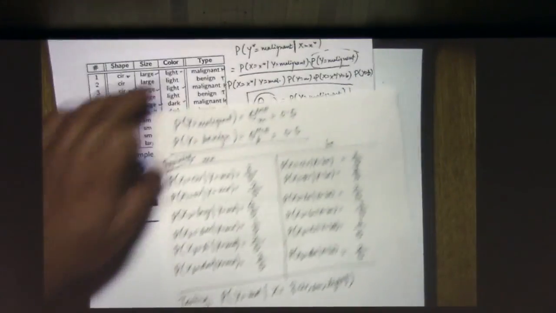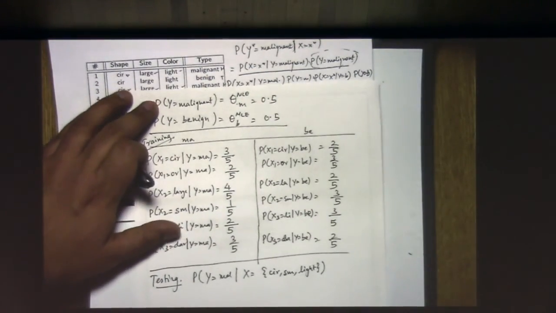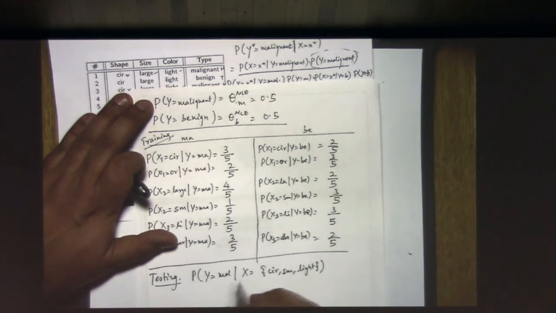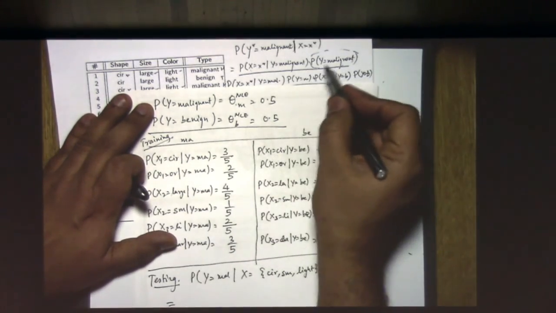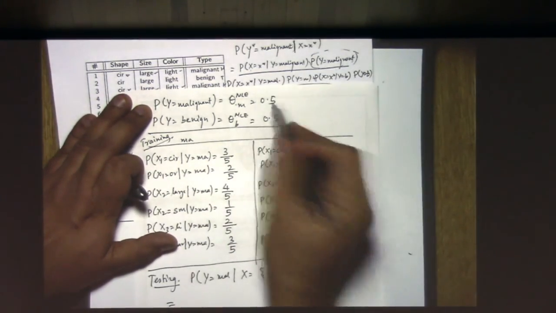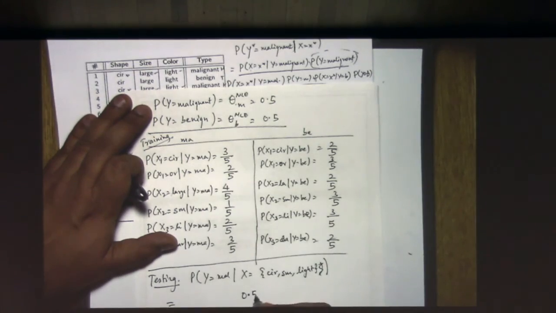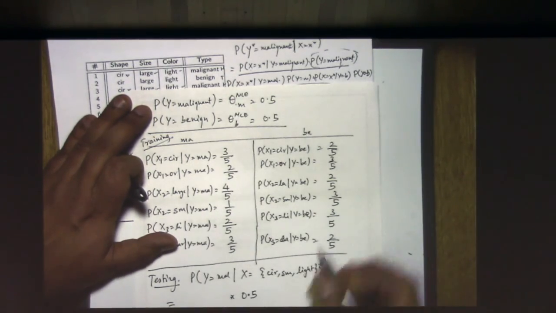Okay? So remember this expression, right? So what you would have to do now is you have to say this probability is equal to, let me first write this, y equal to malignant is of course 0.5. So that goes here times this.